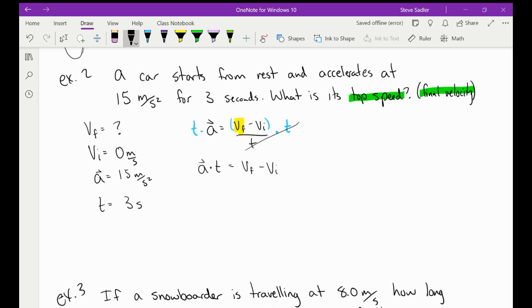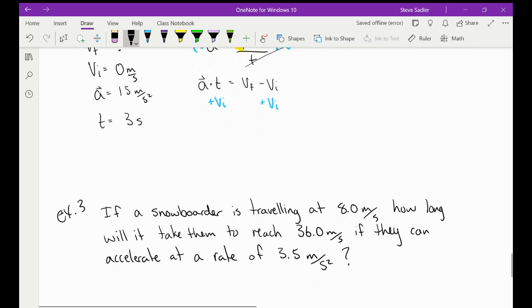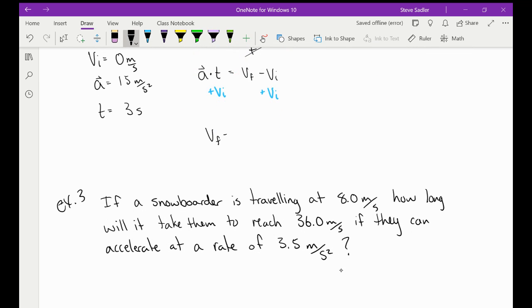Now I'll add v initial to both sides, and I have the equation v final is equal to acceleration multiplied by time plus v initial.